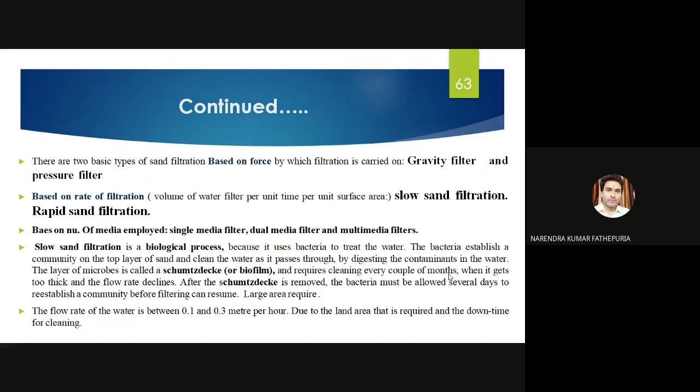Slow sand filtration, the efficiency for removing the pathogens, bacteria, yeah, we can say the biological efficiency is higher than rapid sand filtration, right? So in this slow sand filtration, what will happen? It's a biological process because it uses bacteria to treat the water, and the bacteria establish a community on the top layer of the sand and clean the water as it passes through. And by digesting the contaminant in the water, the layer of microbes is called as biofilm.